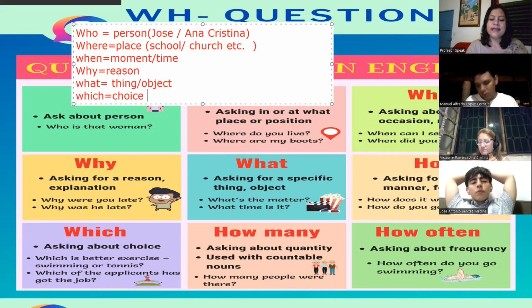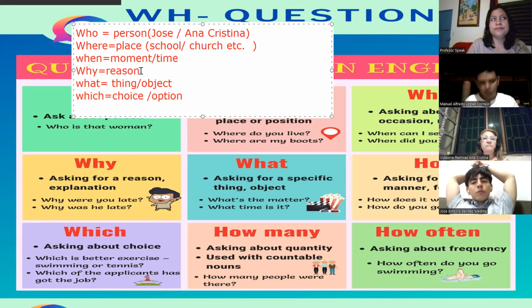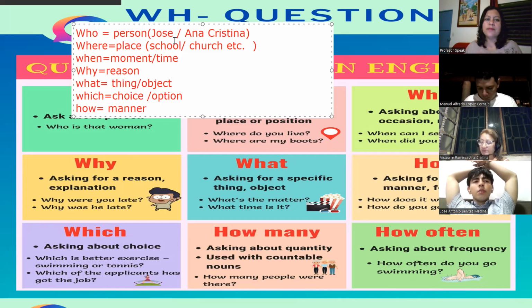A choice is like if you have an option, una opción, elección. And then we use how, which is the only one that does not start with WH. It's the only one that doesn't begin with WH. And normally you're going to ask about a manner, like una forma de ser, a manner.